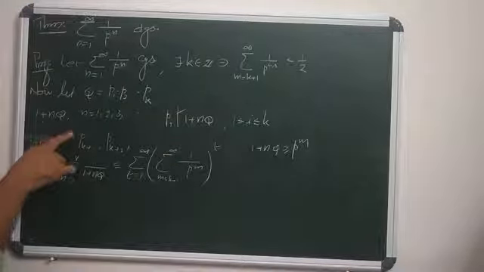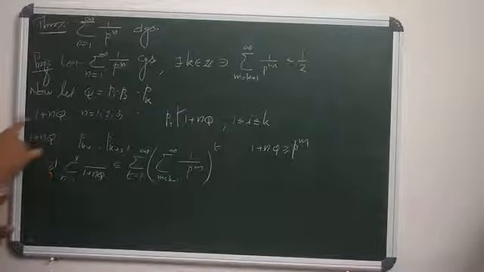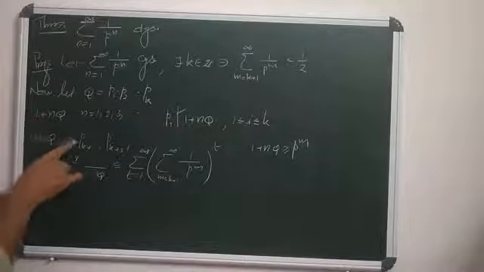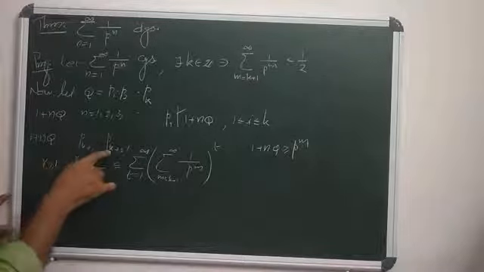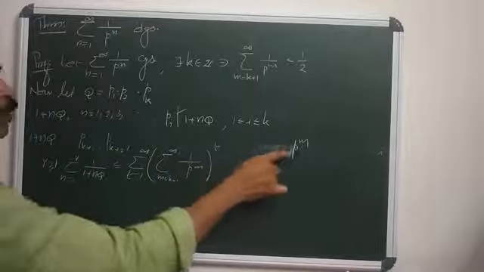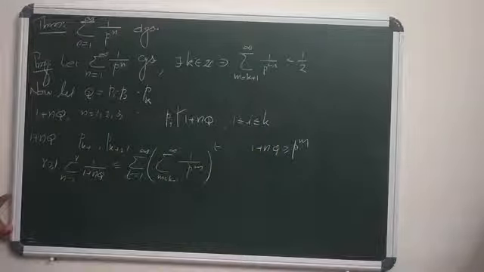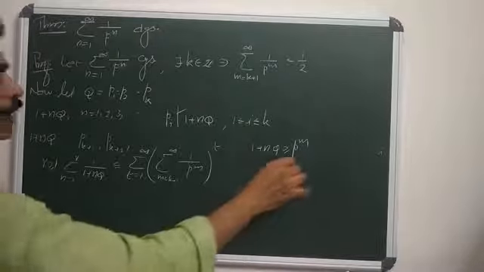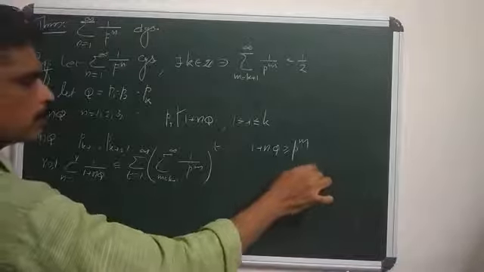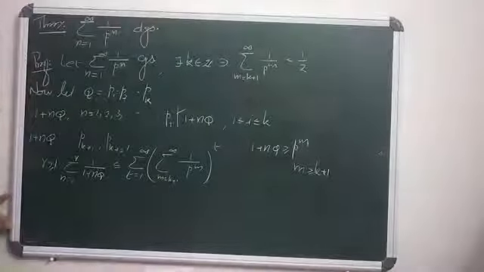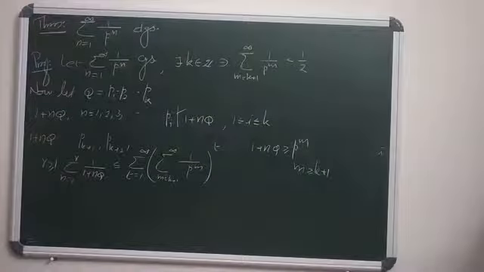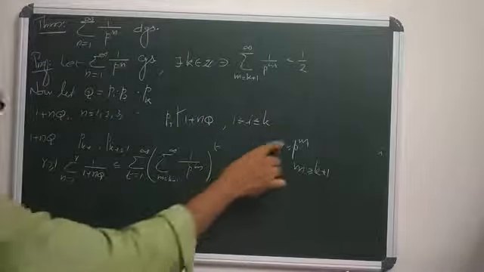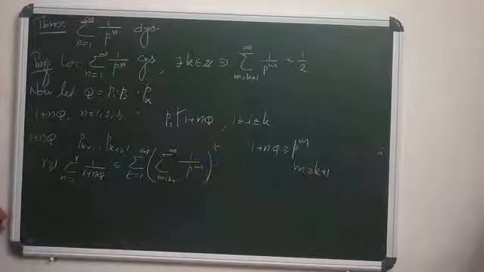Why? Because it has a prime factorization, and the prime factors of 1 plus NQ occur among the primes Pk plus 1, Pk plus 2, etc. Agreed. So 1 plus NQ is greater than or equals p power m for some m greater than or equals k plus 1. Therefore, 1 by 1 plus NQ is less than or equals 1 by p power m.